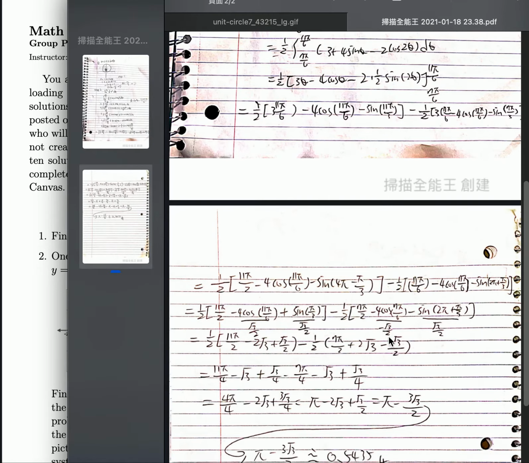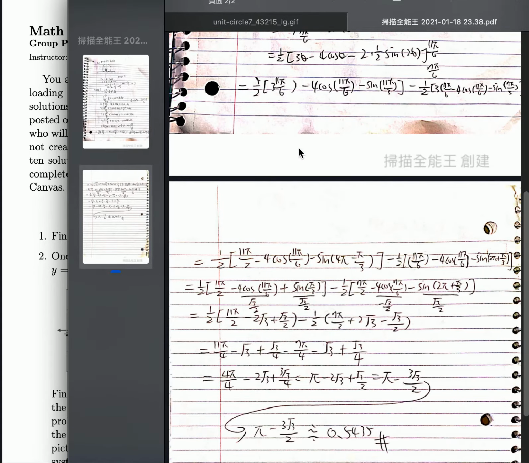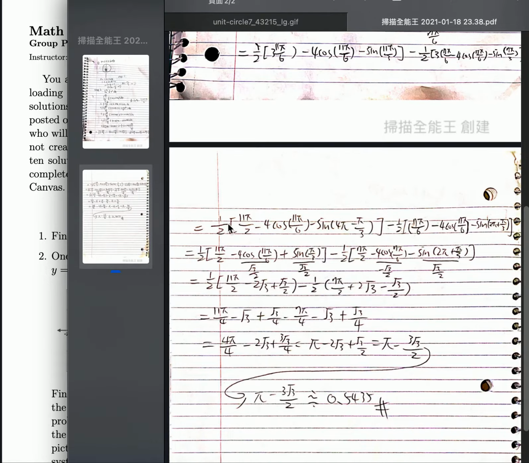And then we simplify here. We replace cosine 11 pi over 6 with square root 3 over 2 and sine pi over 3 with square root 3 over 2, and negative square root of 3 over 2 replaces cosine 7 pi over 6.